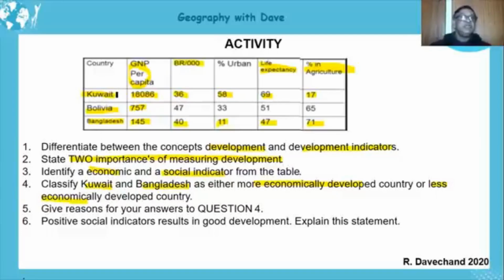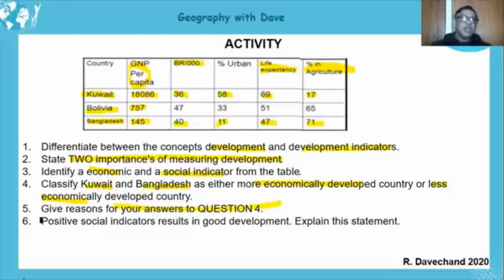You can see the GDP or GNP per capita for Kuwait is 18,086 and for Bangladesh is 145. Bangladesh is much lower. Involved in agriculture, you can say Kuwait 17%, Bangladesh 71%. Can you see it? Life expectancy for Kuwait is 69, Bangladesh is much lower, 47. Can you see that's what you give? Give reasons for your answers to question 4.